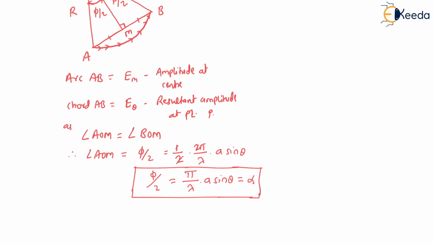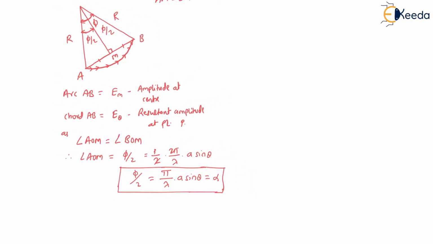Now we will go for the path difference. Here, AM equal to BM, no doubt. Therefore, AM equal to BM. But we have seen that the chord AB has the value E theta.